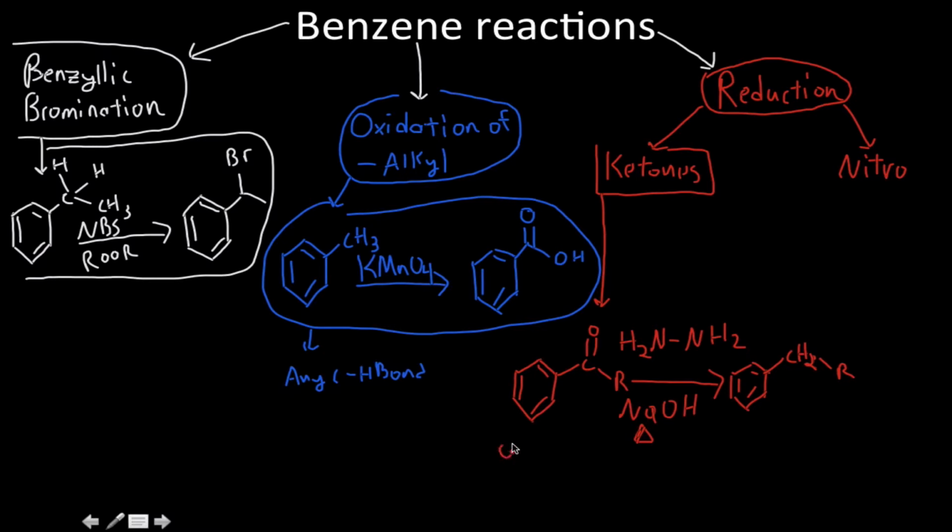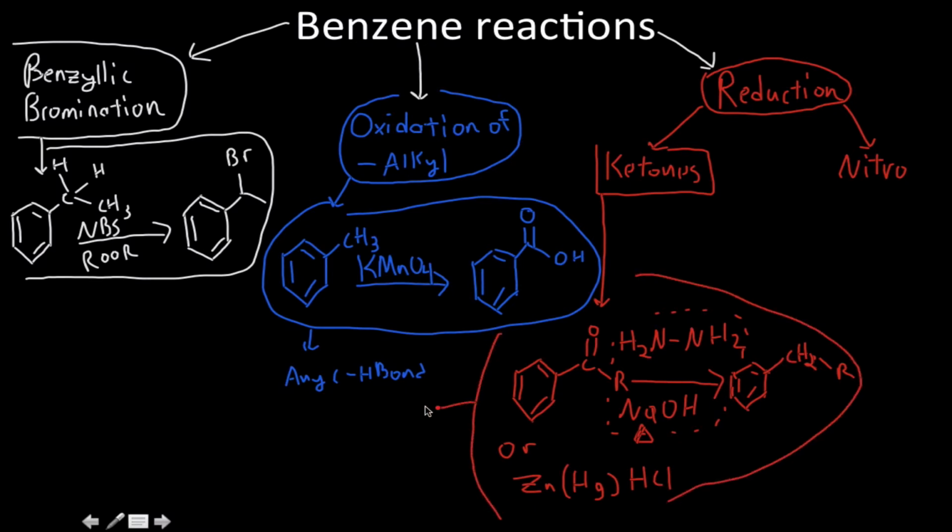Another way that I could do this is to use, as a reducing agent, zinc mercury amalgam in hydrochloric acid. But a lot of substituents, apparently, what I've been told at least, tend to be very acid sensitive. For nitro groups, I'm going to do that on a different page. The one last thing I wanted to say on the subject of reduction of ketones is that this reaction works great for ketones only.